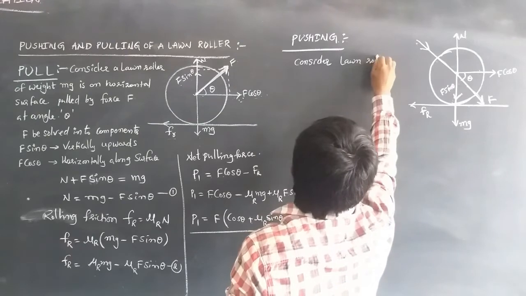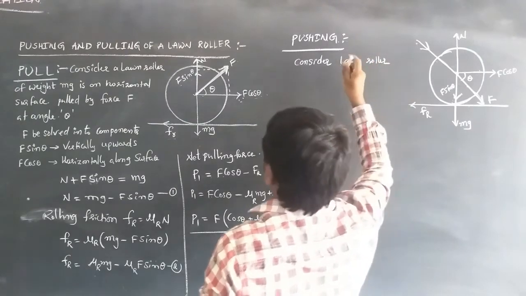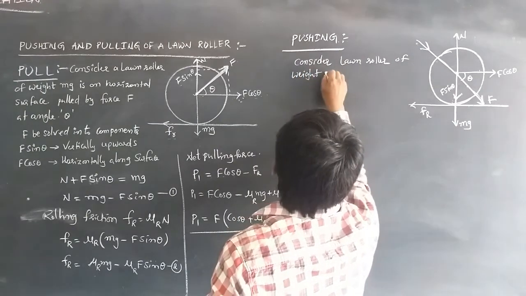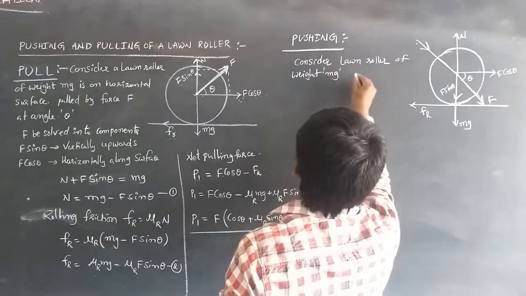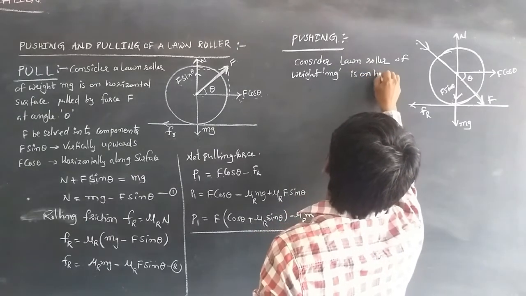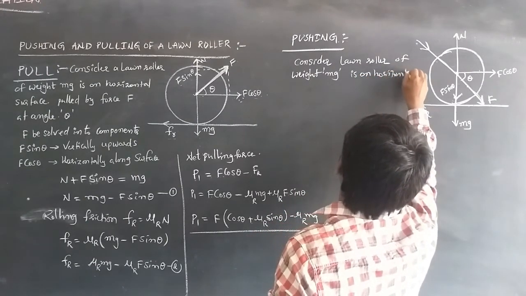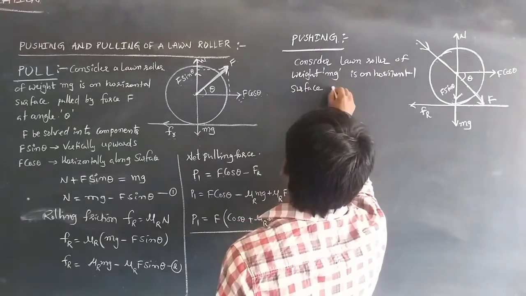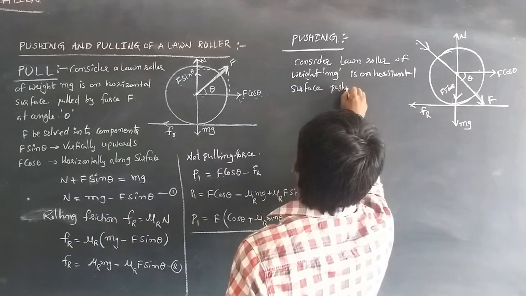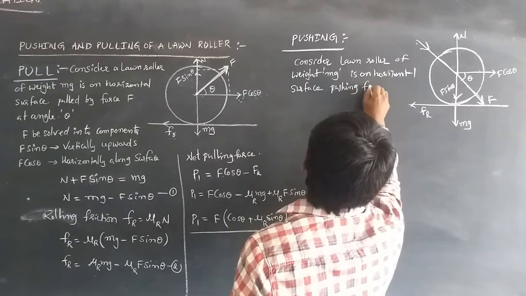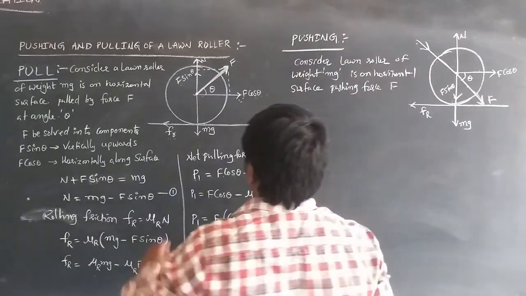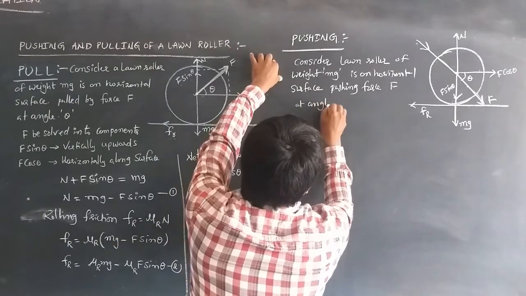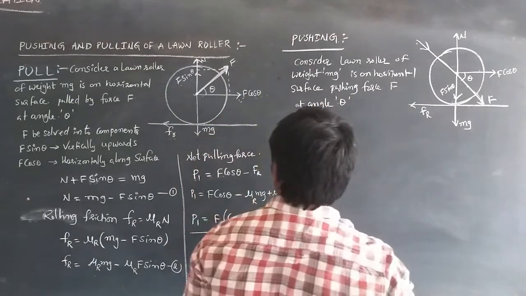So consider a lawn roller of weight mg on a horizontal surface, pushed by a pushing force F at an angle theta.